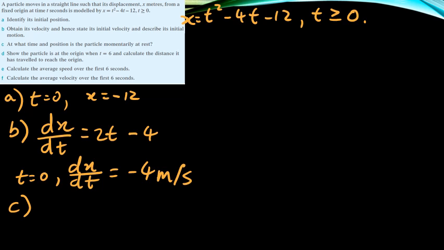At what time and position is the particle momentarily at rest? What's your velocity when you're at rest? Anyone? Any guesses? Jacob, what is it? Yes. If you're at rest, what's your velocity? 0.